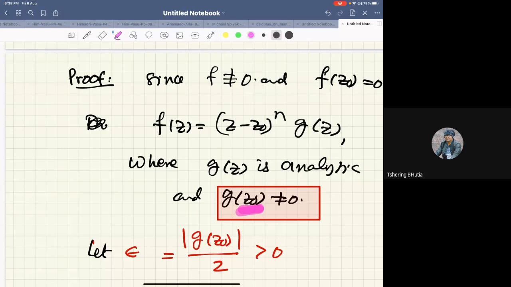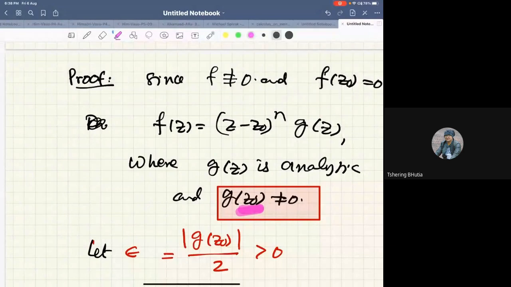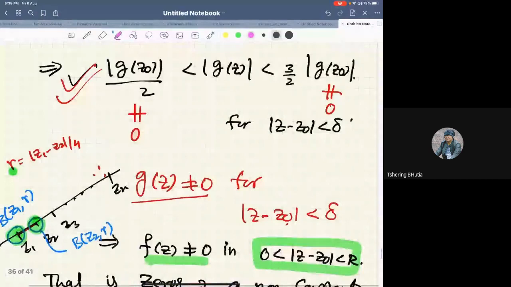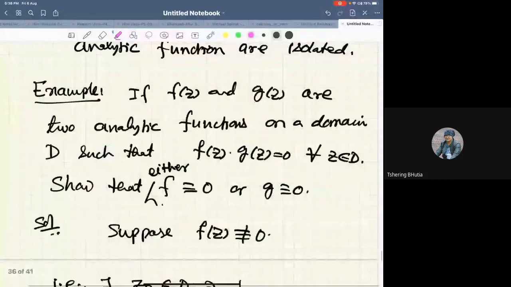But this is what I'm trying to say, sir: we already knew that if a function is continuous and non-zero, we will have that. Yeah, that's okay. That's okay.